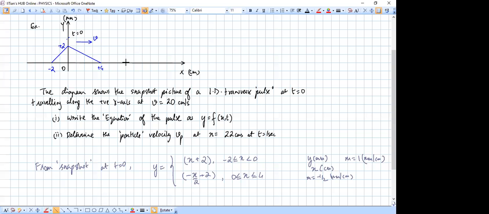the pulse is, let's say, over here. So suppose this is the pulse at some time t. Then the peak of the pulse would have got displaced by how much? It would have got displaced by 20t.